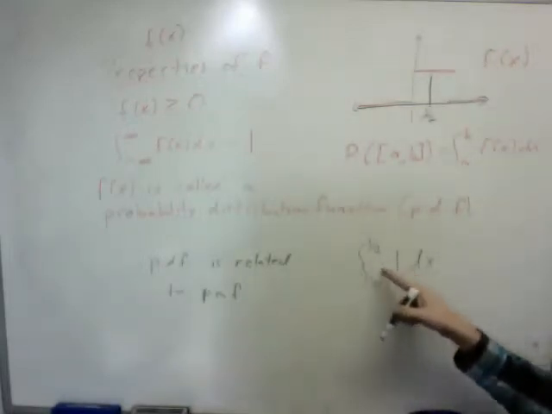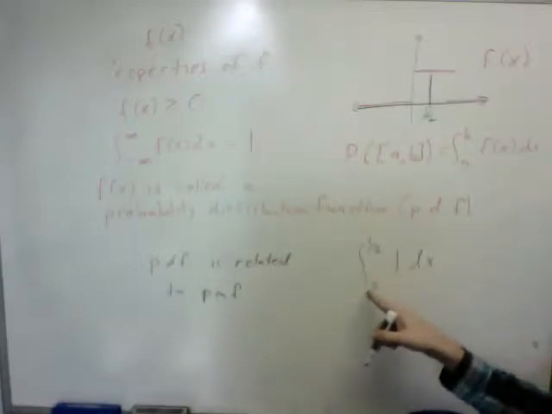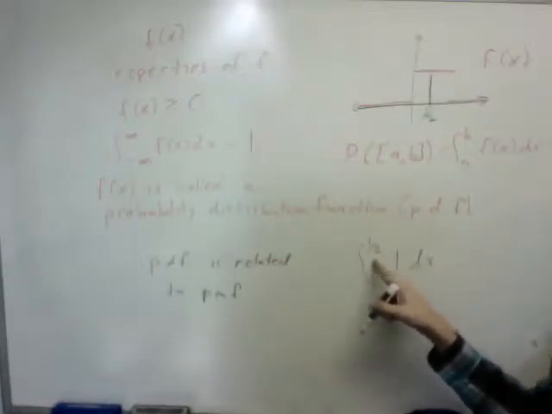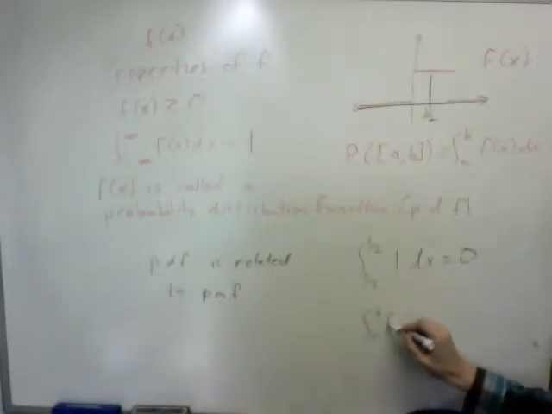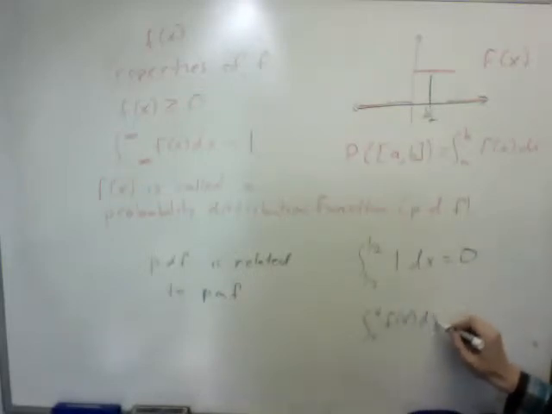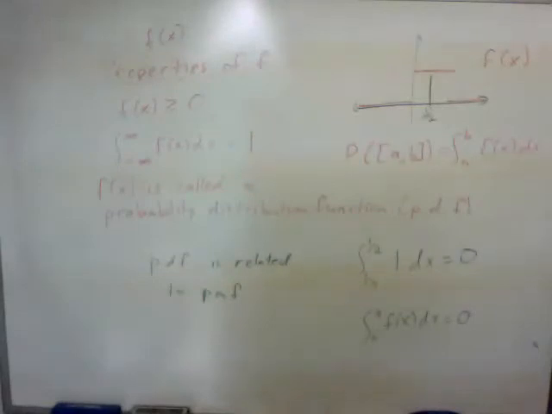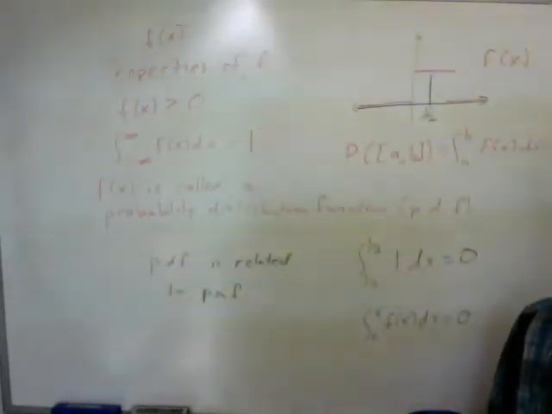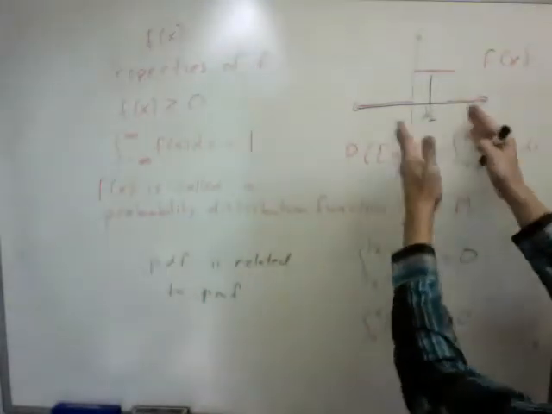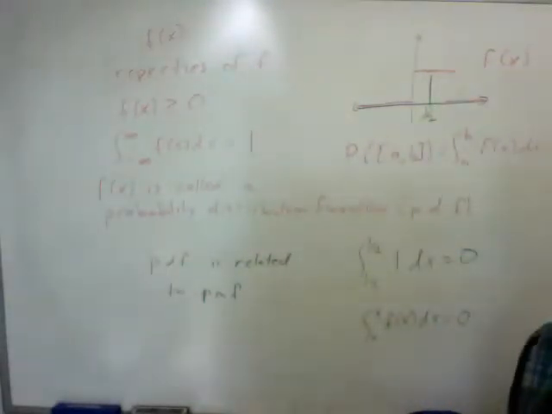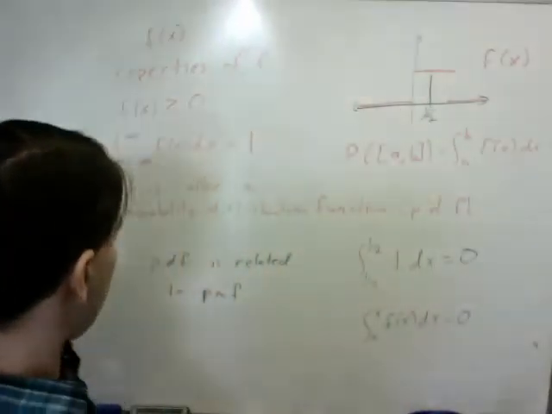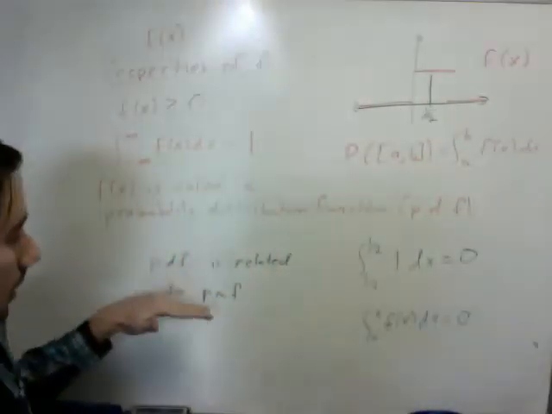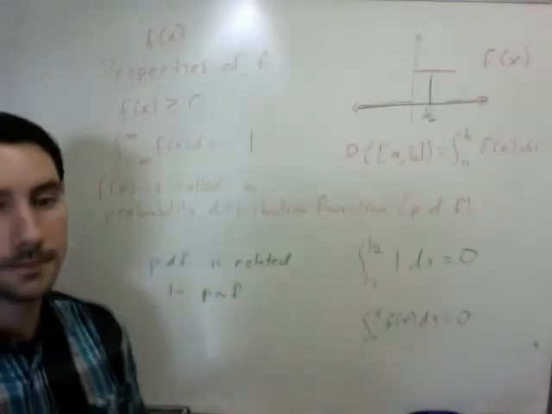But no matter what function you put here, if you integrate from 1/2 to 1/2, you get 0. In particular, the integral from a to a of f of x dx is always 0. So each scale individually registers a mass of 0. But once you take enough of them together, a whole interval of them, then you get a positive mass. So you're going to have to take an interval. And that's a key difference between a PDF and a PMF, the probability mass functions.